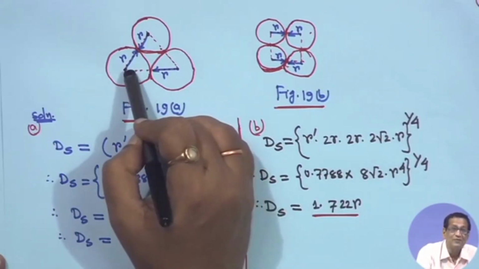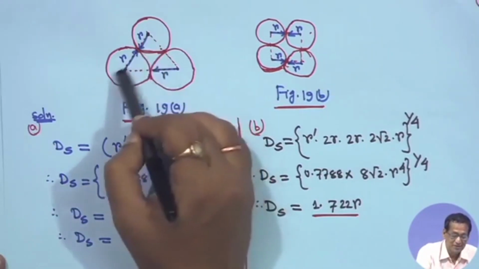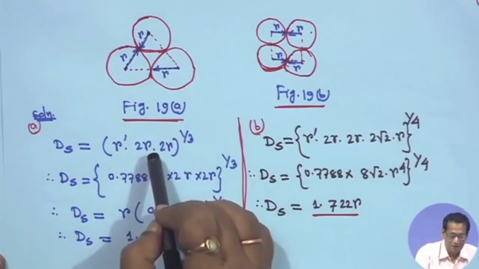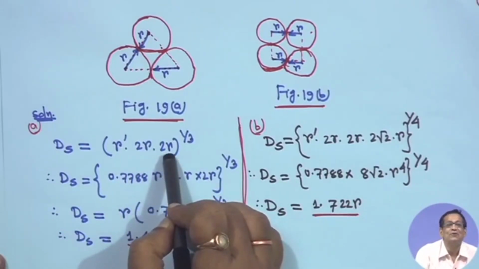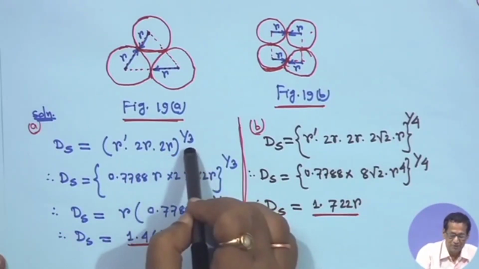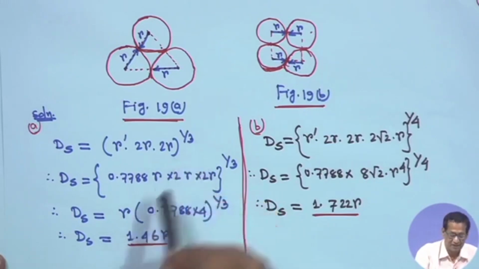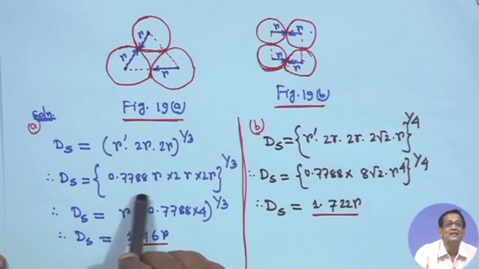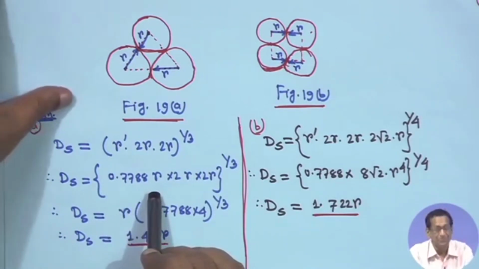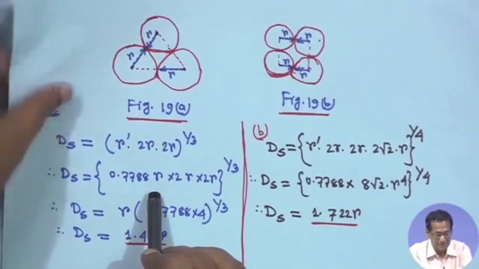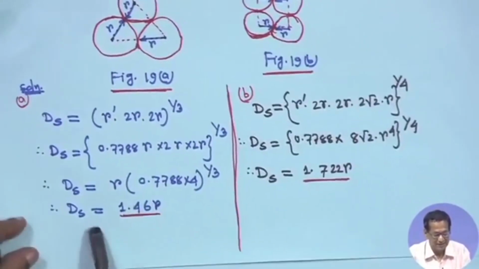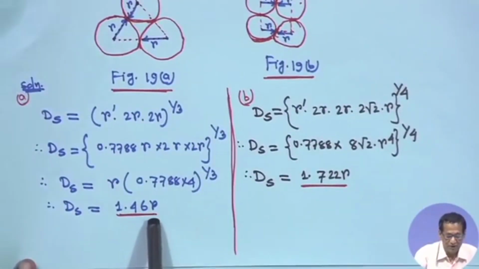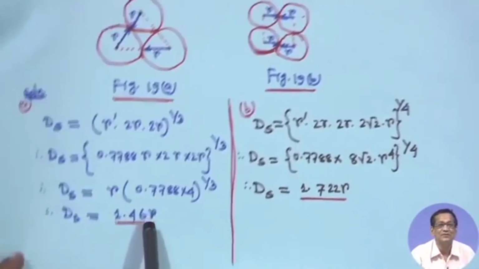For this conductor it will be r dash, but the rest will be 2r, 2r. Please do not make it 2r dash into 2r dash, then it will be wrong, right, to the power 1/3. So, r dash is equal to 0.7788 r, that we have seen before, and if you simplify this you will get Ds equal to 1.46 r, the simplest one.